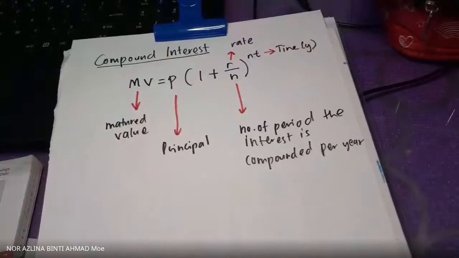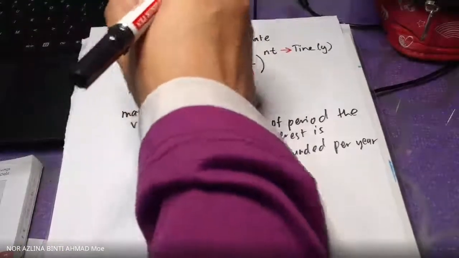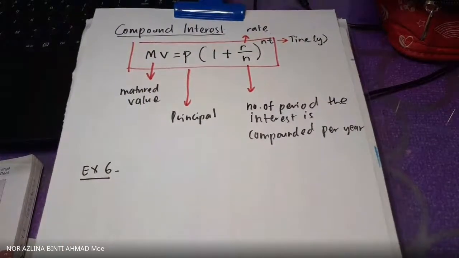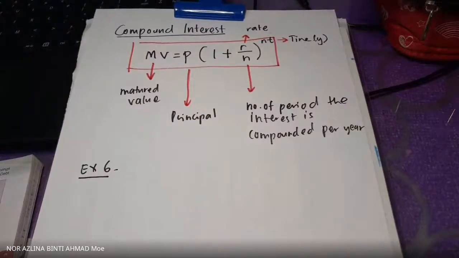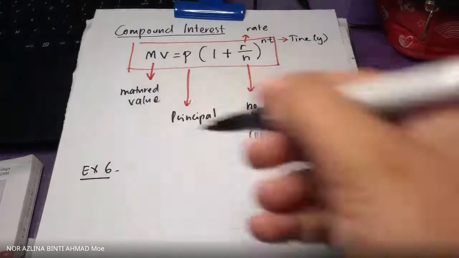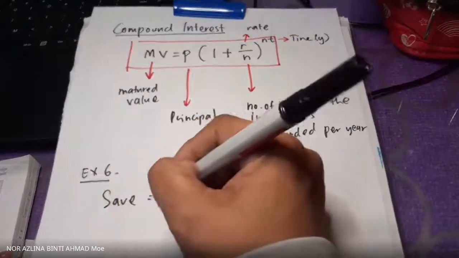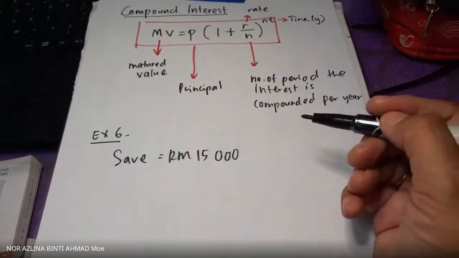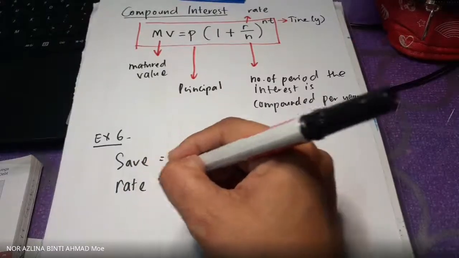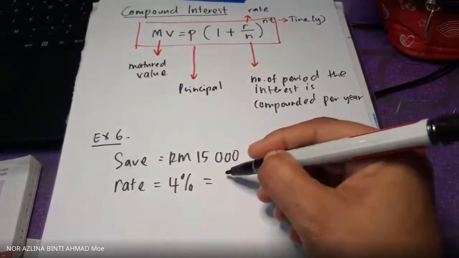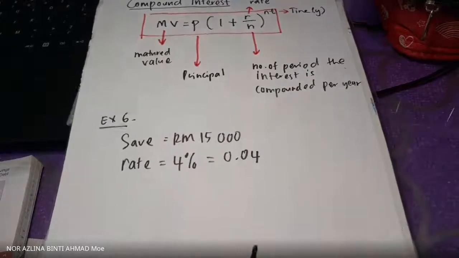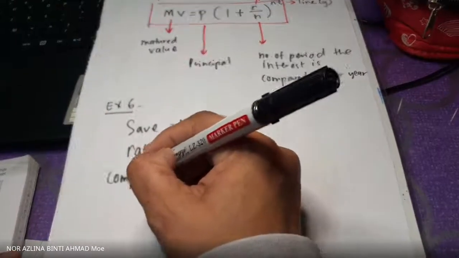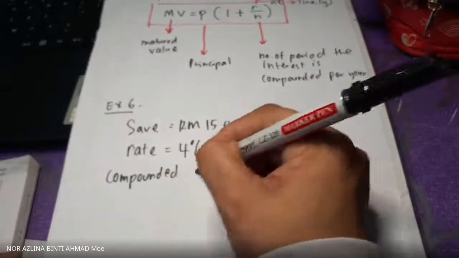Okay, next, example 6. At the beginning of a year, Mrs. Liu Feng saved RM15,000 in her saving account with a rate of 4% per annum, so this is 0.04, and compounded every 6 months.